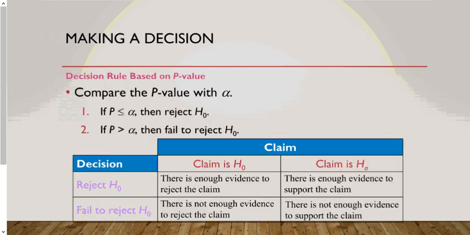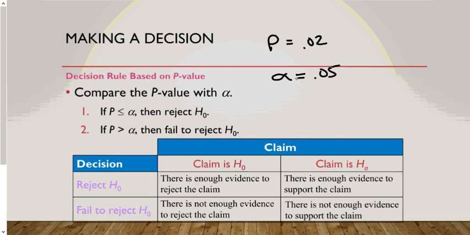Okay, let's keep going here. If p is less than alpha, then we reject the null. If we end up getting a p-value of 0.02 and we're using an alpha of 0.05, then we would reject the null in that case.